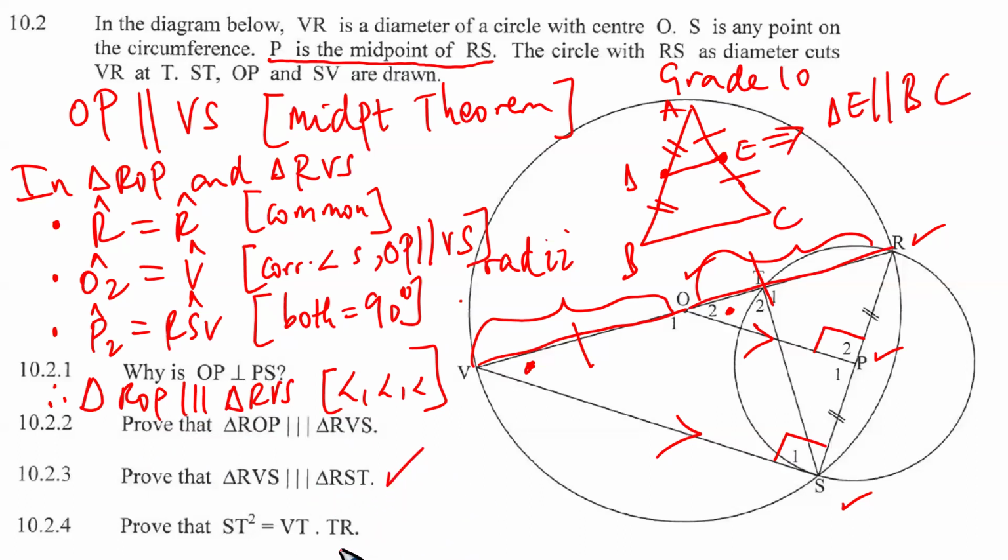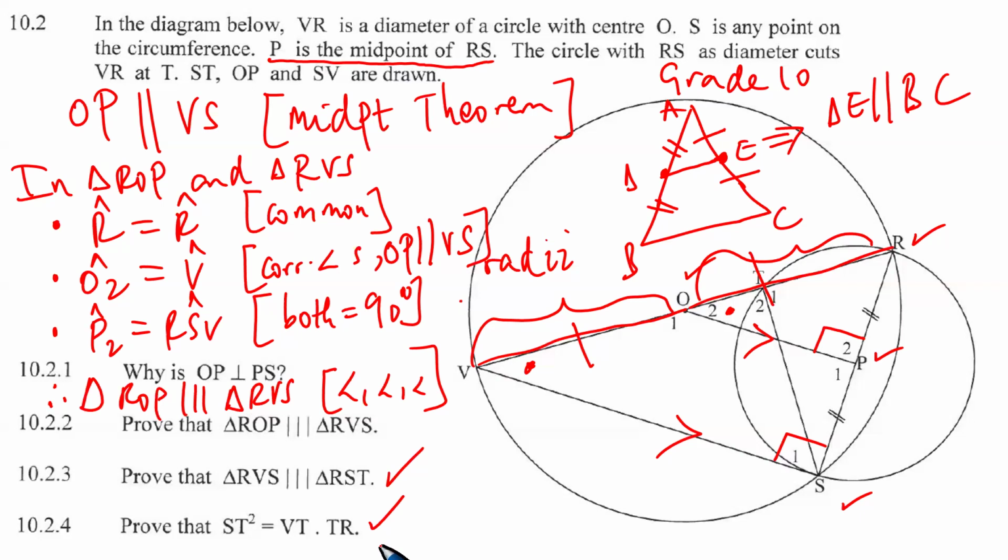Next point, we proceed now to look at the next result. What is the next result? Want to prove this one here. 10.2.4, and now we need to understand this and establish this result over here.